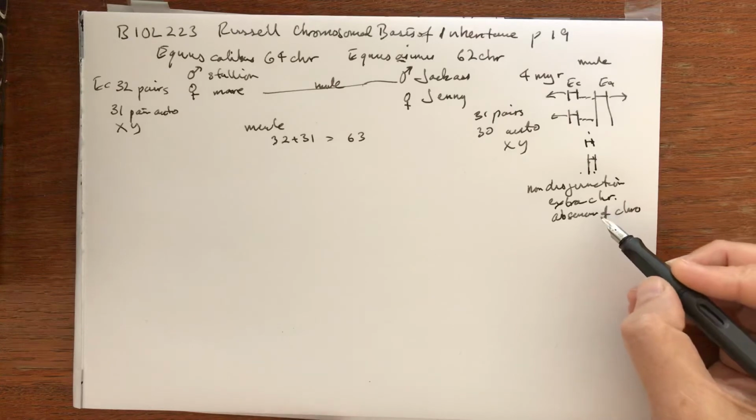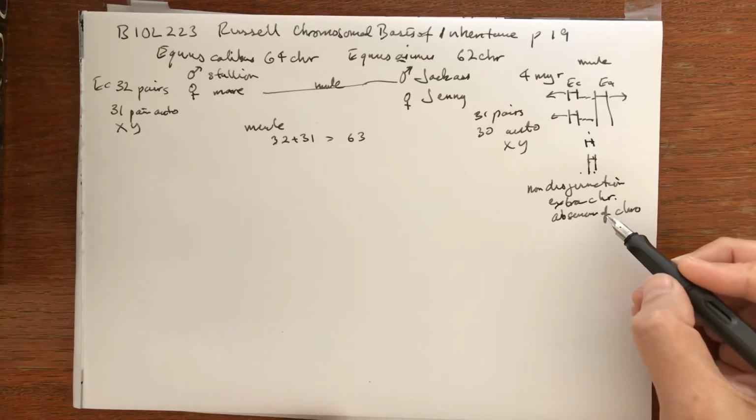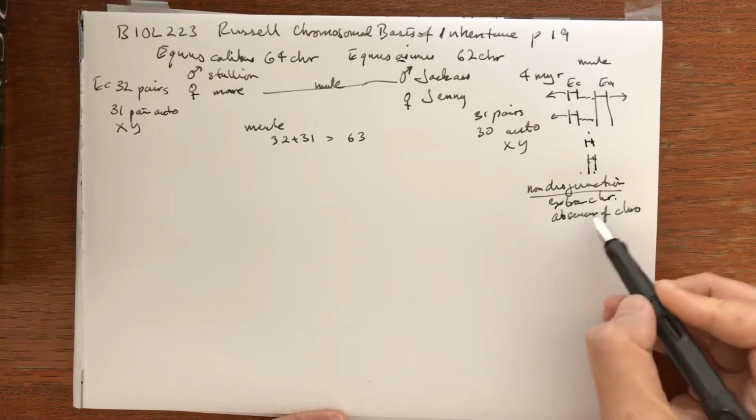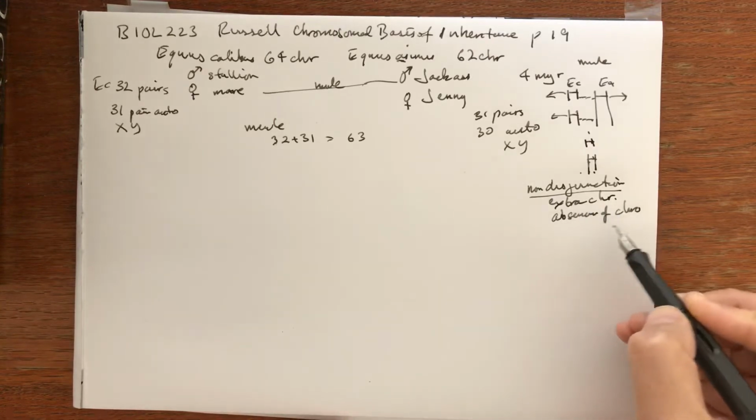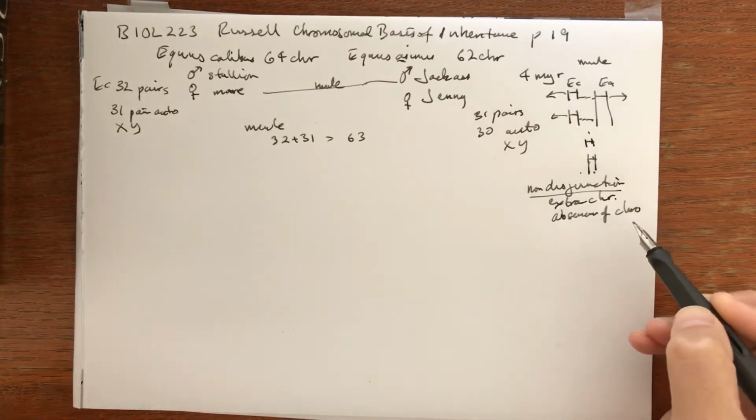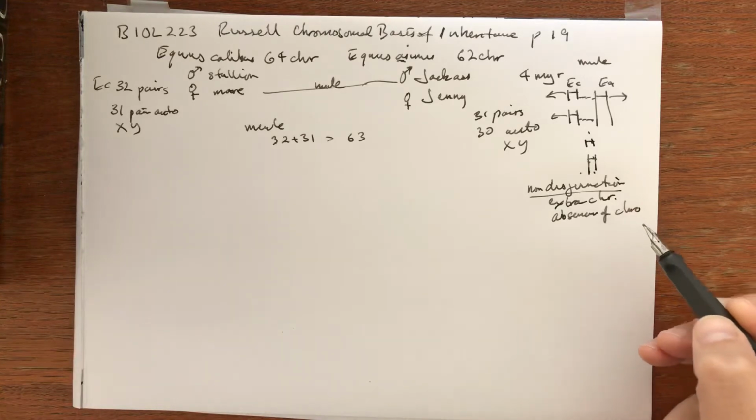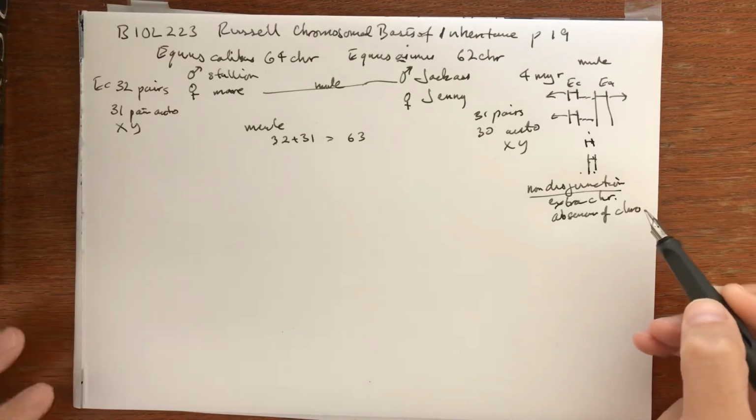And you might wonder, why do we only have some forms of trisomy observed in humans, and what about all the other chromosomes? Presumably they're embryonic lethal. So non-disjunction, which results in having an extra chromosome or a missing chromosome, is likely to be lethal, and so the mule is not going to be fertile.